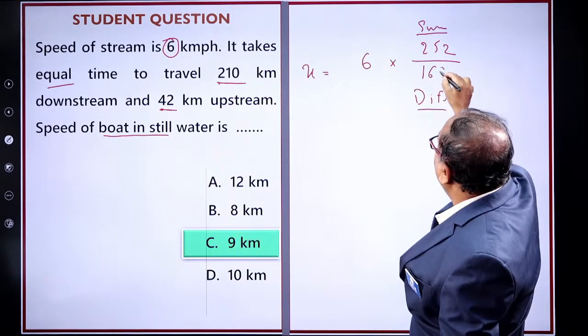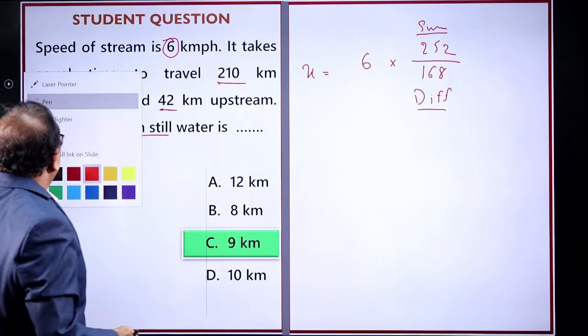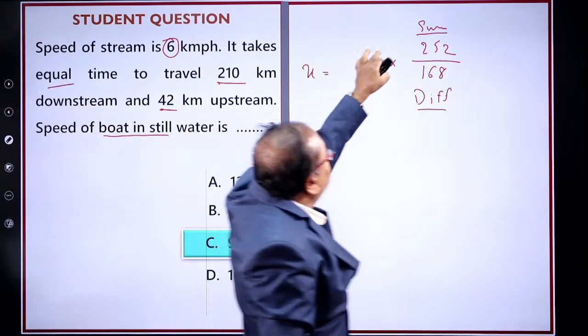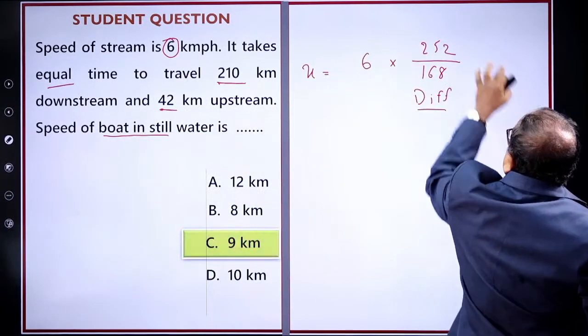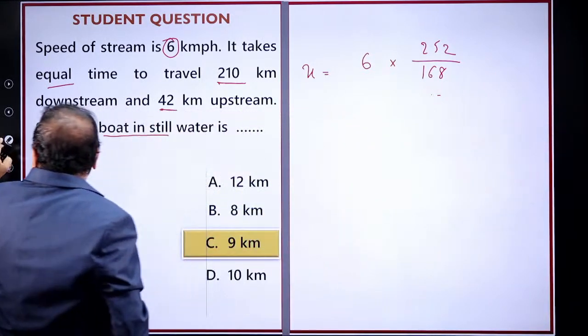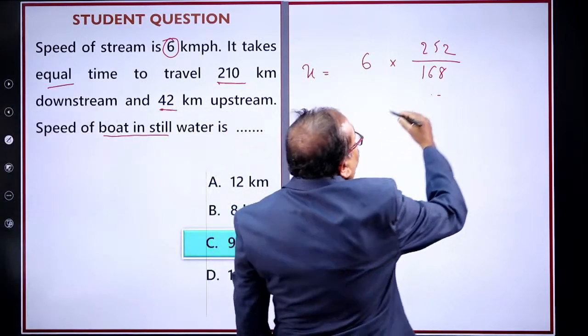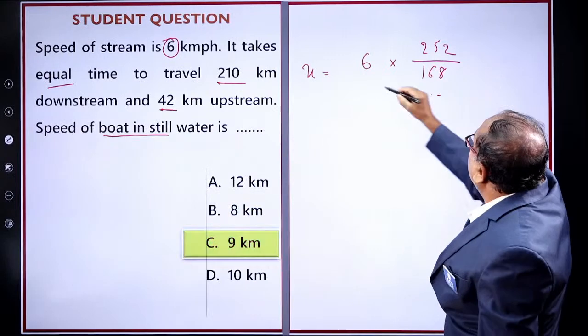So I am getting 168 here, and this will give us the speed of the boat. Okay, now you can find it out. I am sure you will be able to do it, my friends. So let's answer the question.